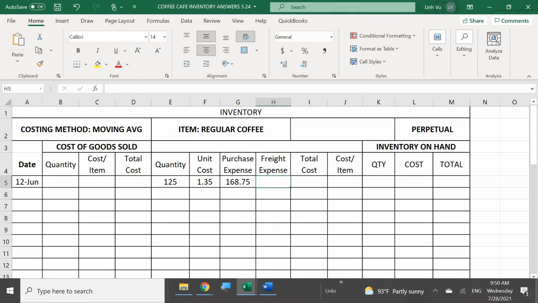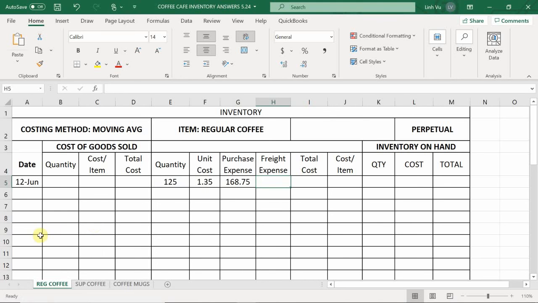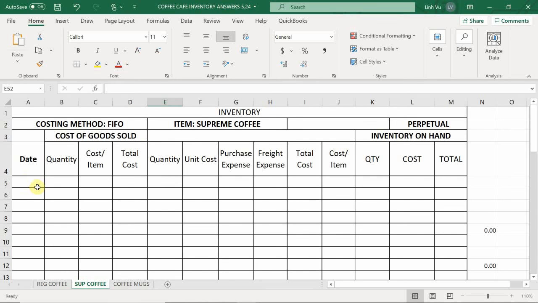Now, freight is going to be the next section. So I'm going to leave it here because we need to calculate the freight and add it into the coffee. We're going to come back to it in a couple minutes. So now I'm going to go to Supreme Coffee. We're going to skip over the cost of goods sold section, but I purchased 125 pounds at $1.55.